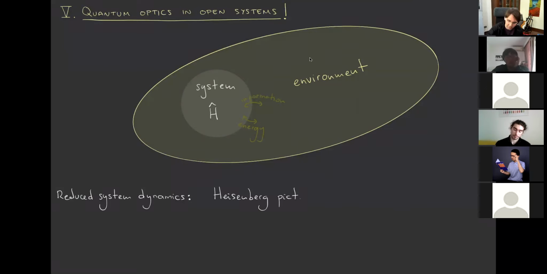And the evolution equations that you find in here are called quantum Langevin equations.